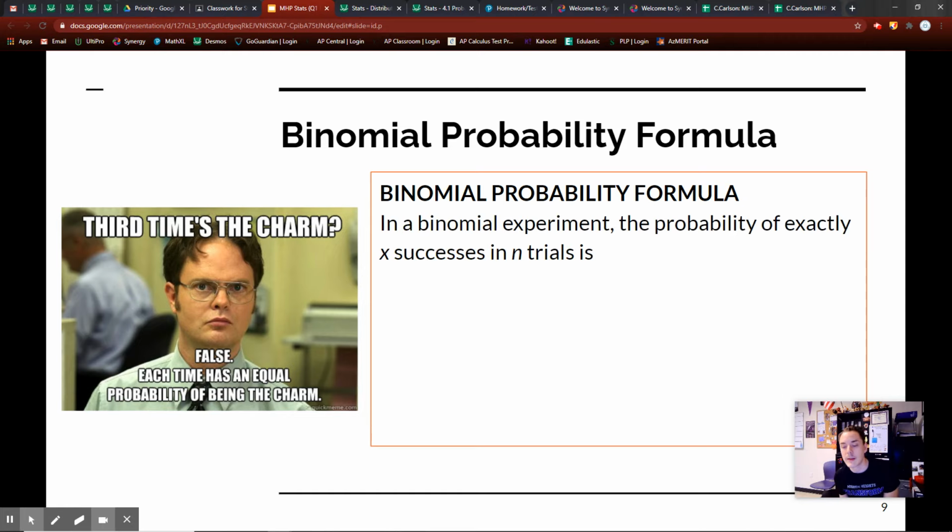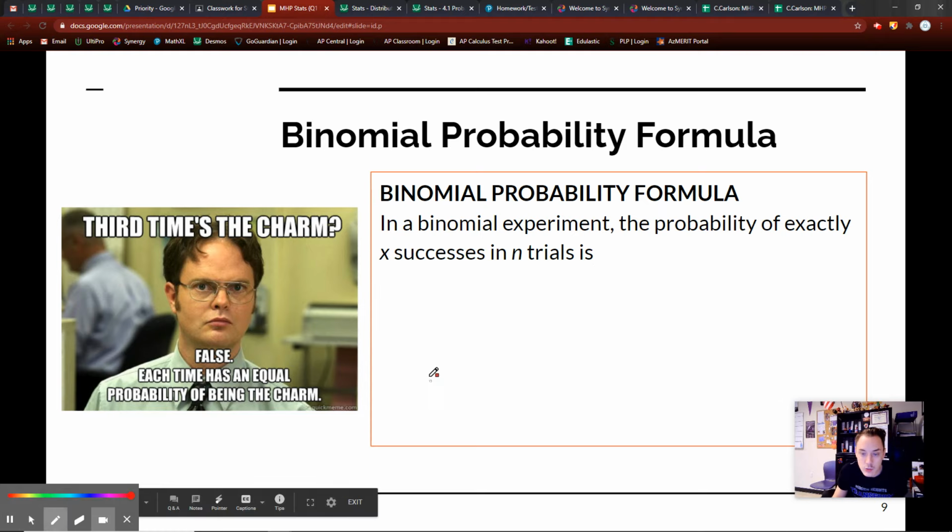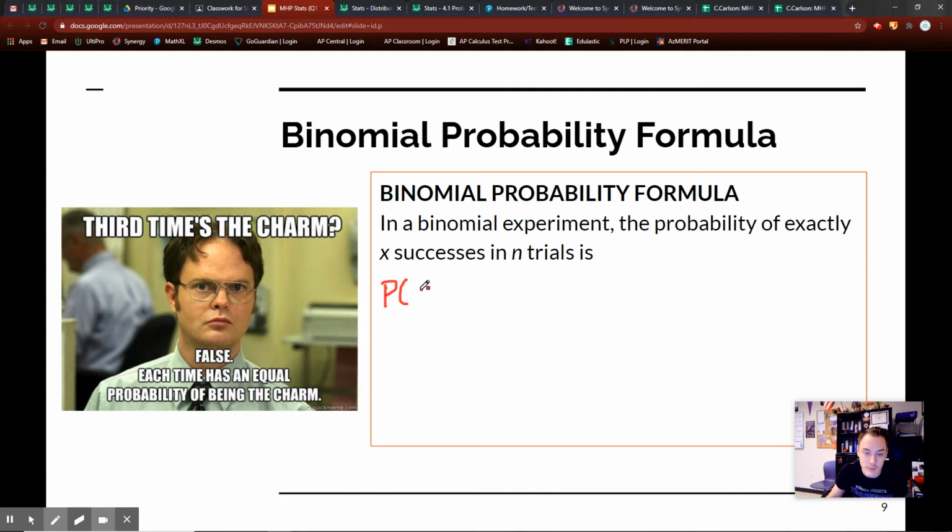In a binomial experiment, the probability of exactly X successes in N trials is this right here. Hold on to your hats. The probability of X equals NCX, something that should look very familiar, times P to the X power times Q to the N minus X power.